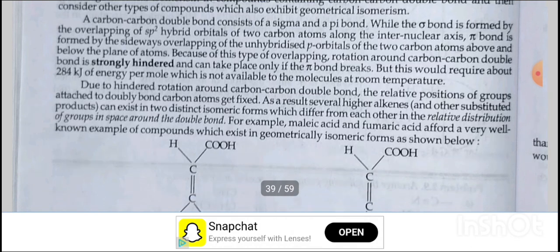Because of this type of overlapping, rotation about the carbon-carbon double bond is strongly hindered and can take place only if the pi bond breaks, but this would require about 284 kilojoules per mole, which is not available to the molecule at room temperature.